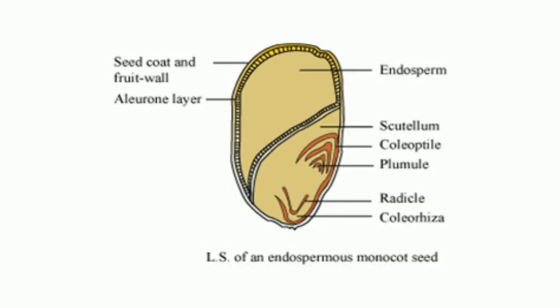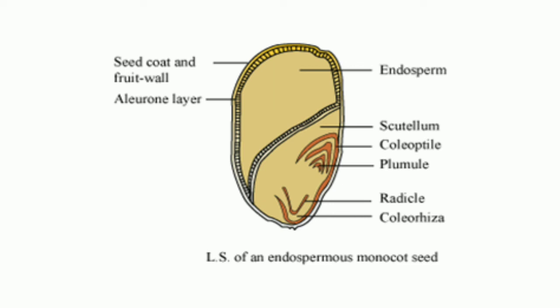So there are some differences between the dicot embryo and the monocot embryo. In the monocot embryo, the cotyledon is called the scutellum, which grows rapidly and pushes the terminal plumule to one side.